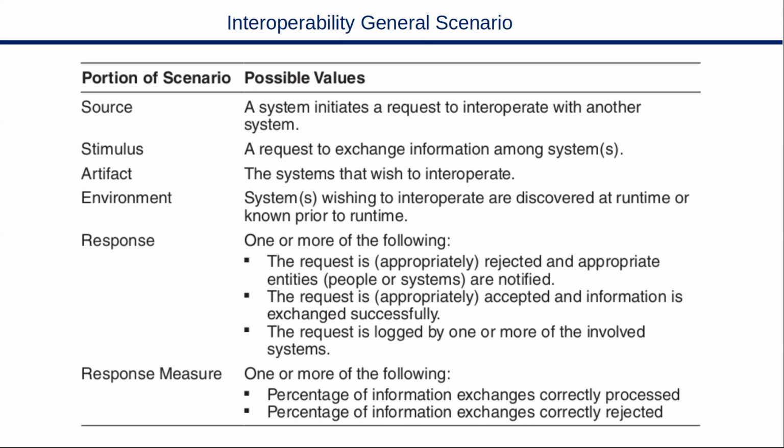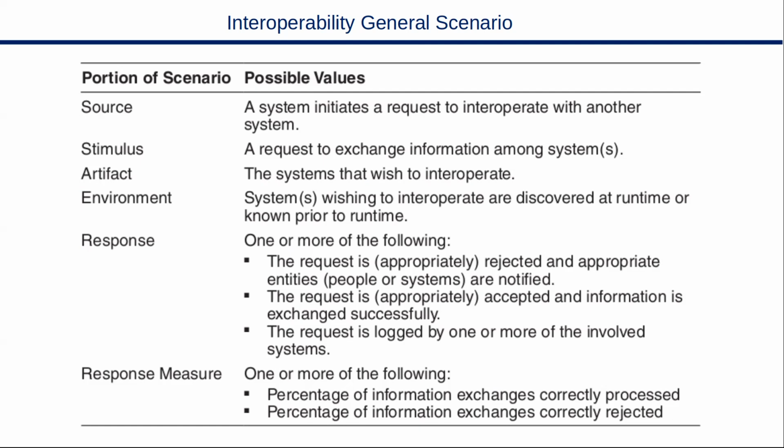Artifact, the place where this action can happen. So, not where, but what kind of artifact we're working with: the systems that wish to interoperate. Environment: systems wishing to interoperate are discovered at runtime or known prior to runtime. So you have to determine whether it happens at runtime or in which environment.